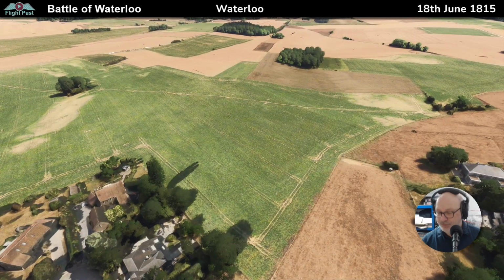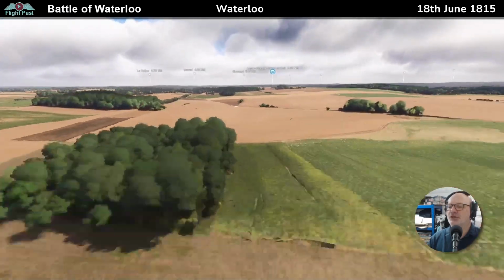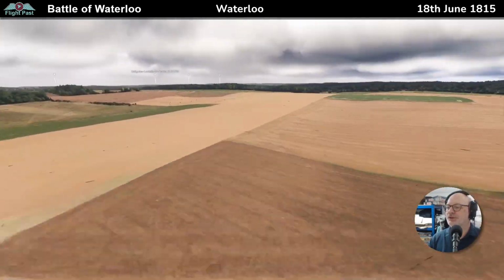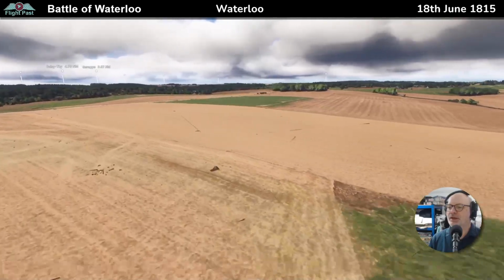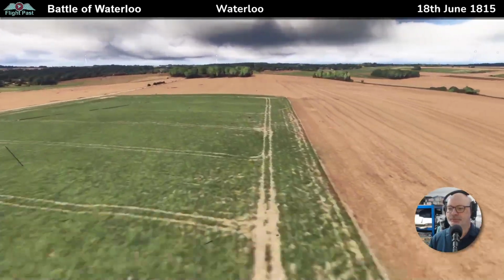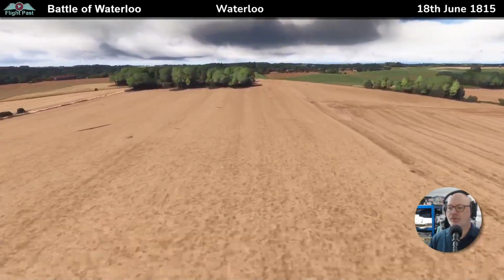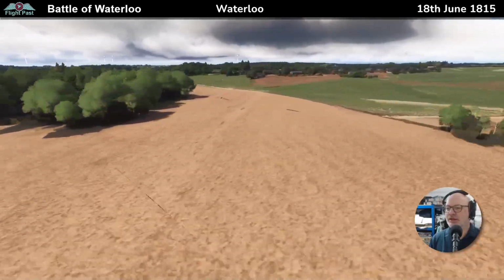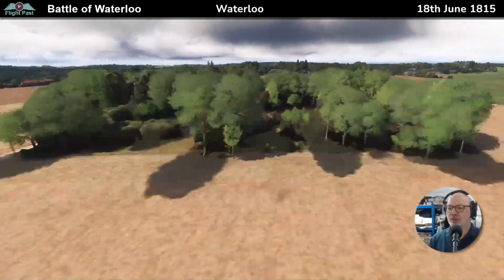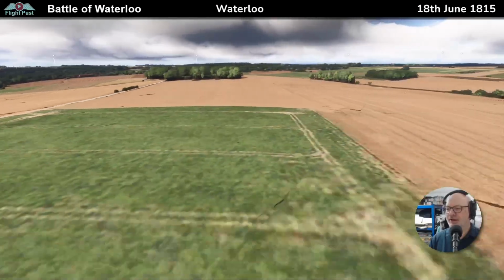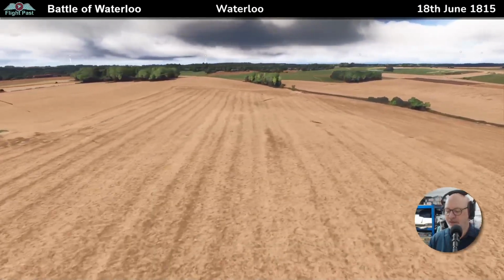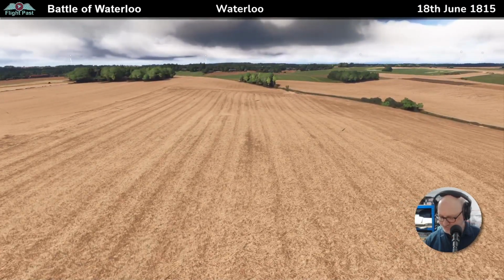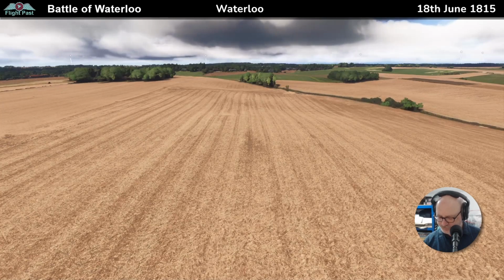And the Prussians start bringing up artillery, it is described, onto this ridge, and presumably, not sure whether these trees were here, but we're looking possibly at this area here as where the Prussians bring up their artillery.